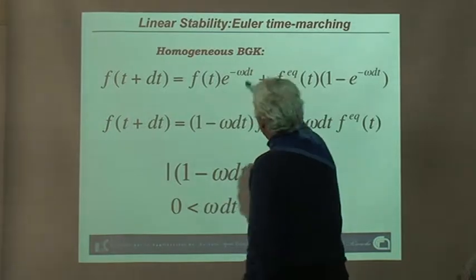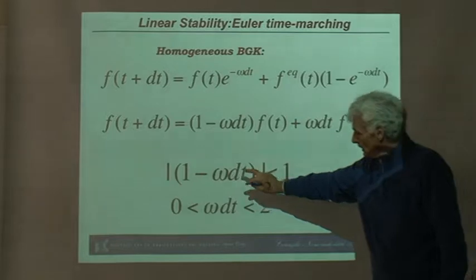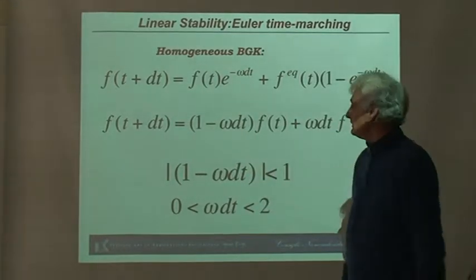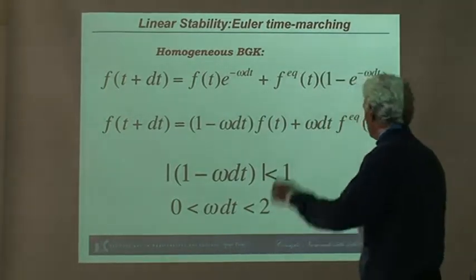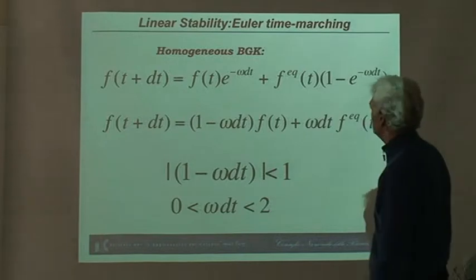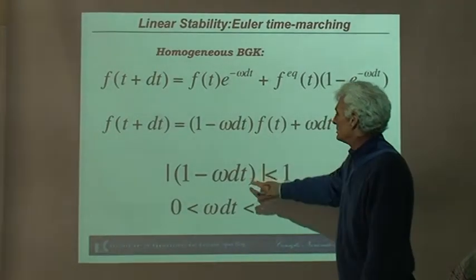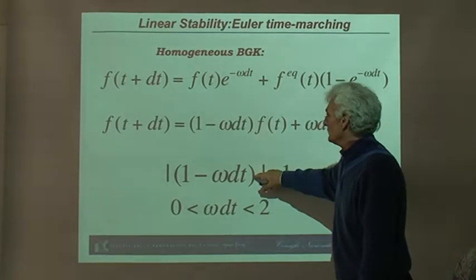Now, by the time I replace this with the first order expansion, I immediately realize that I have a limitation in the delta t. I cannot take long jumps because I replace the exponential with the first order polynomial. And I'm almost sure that you know that in order for this scheme to be stable, I have to make sure that this coefficient is smaller than 1.